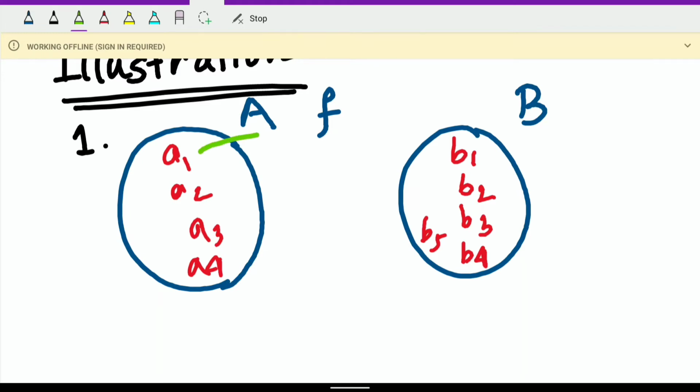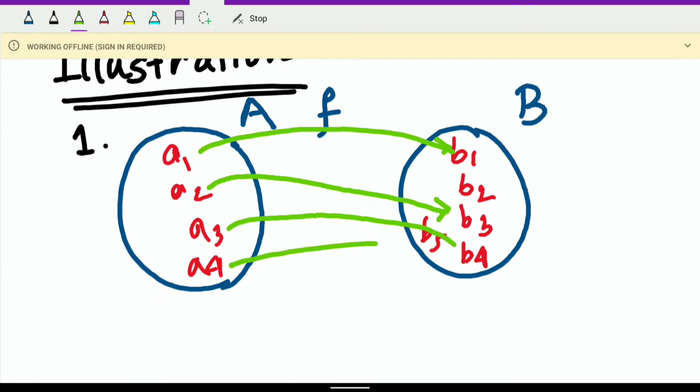Now A1 maps to B1, assume, and A2 maps to B3. Now A3 and A4 both map to B4, and B5 and B2 are extra elements. Now this is figure number 1.